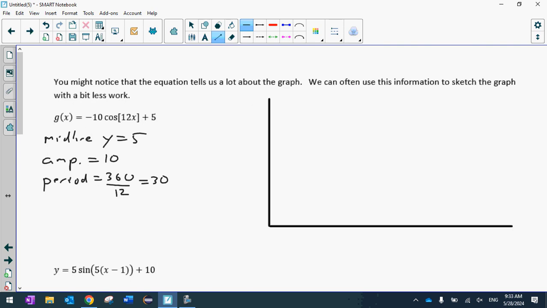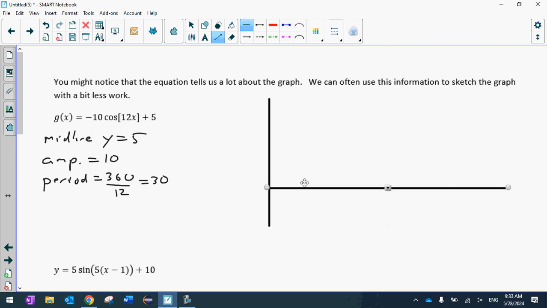Okay, we got a midline of 5 and an amplitude of 10. So basically, I'm going to bring this up a little bit. If we have a midline of 5 and an amplitude of 10, that means I can draw my midline here at y equals 5.